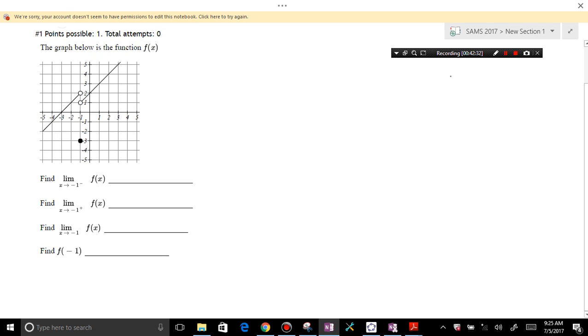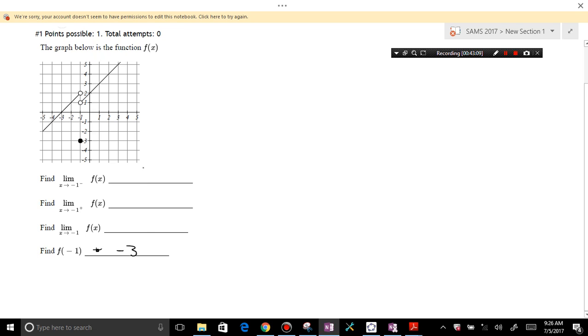Is this a function? Passes the vertical line test for sure. Every black dot represents a value for some x. This is defined on the whole real line. So 2, for instance, goes to 4. -3 goes to 0. Questions about that? -1 goes to -3. So you just need to put -3 here. f of -1 is -3.